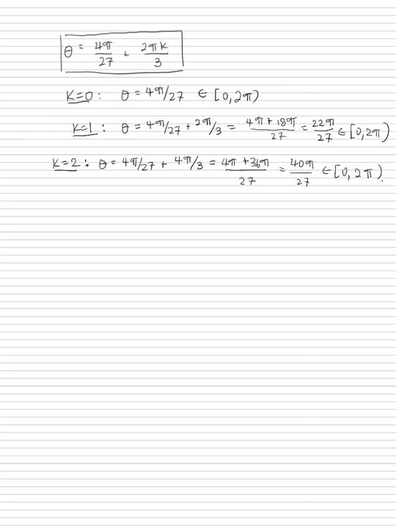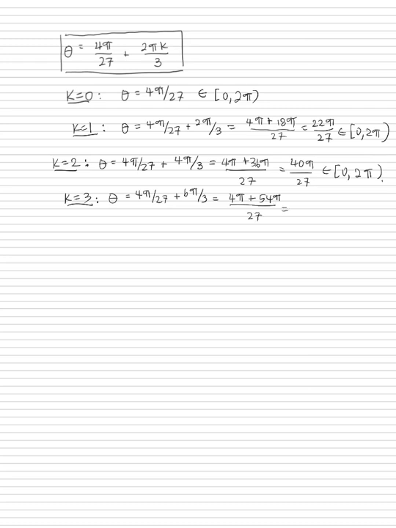All right, so now let's go with when k equals 3. Okay, so our theta becomes 4 pi over 27 plus 6 pi over 3. So this gives what? 4 pi plus 54 pi all over 27.